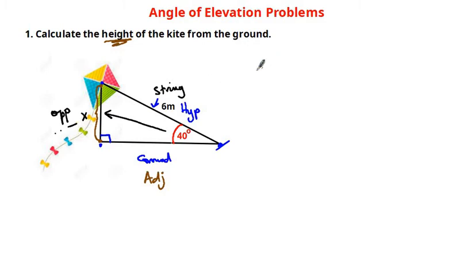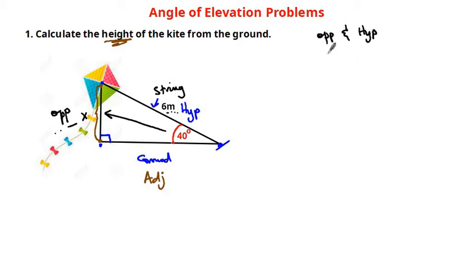Based on what we covered in trig ratios, we're going to find out how we can use trigonometric ratios to solve this problem. We are given the hypotenuse and we are asked to find the opposite.